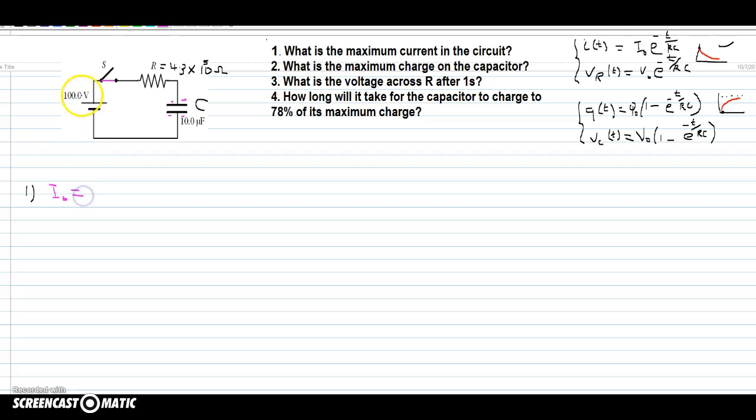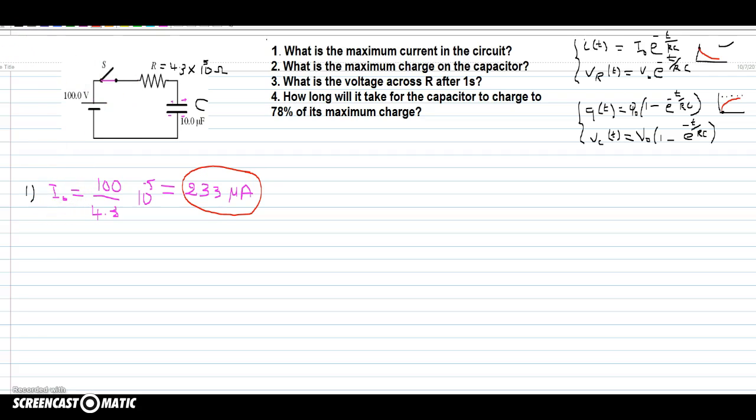It's just the voltage, 100, divided by R, which is 4.3, and I put 10 negative 5 here, upstairs, right away. So I have 200, almost 233 microamps. And that's my answer. That's the current I0.